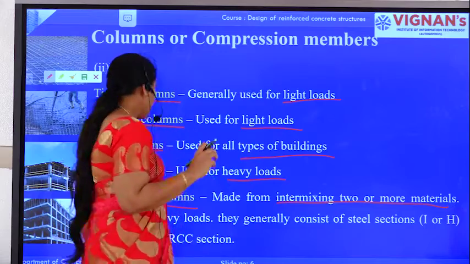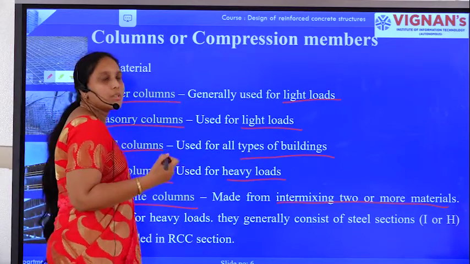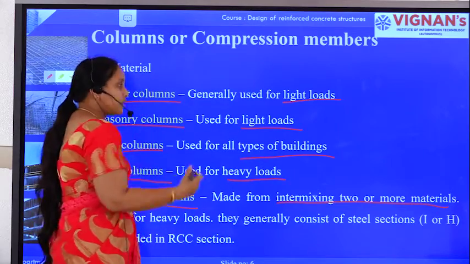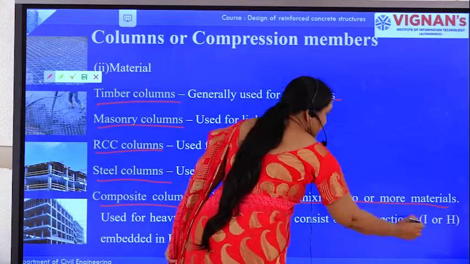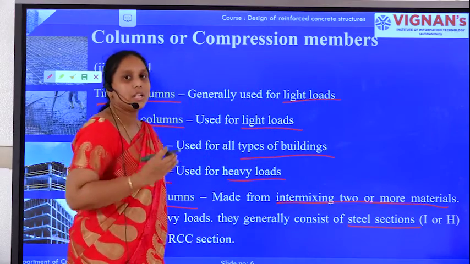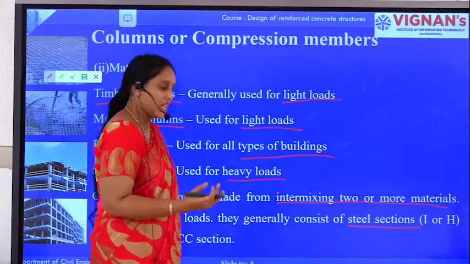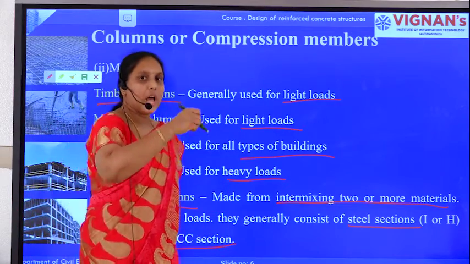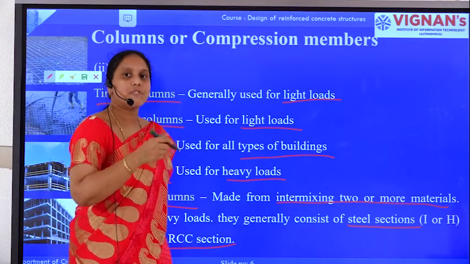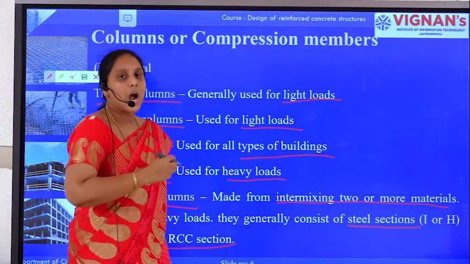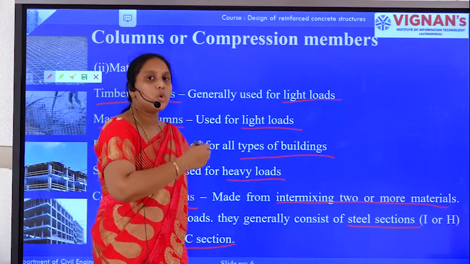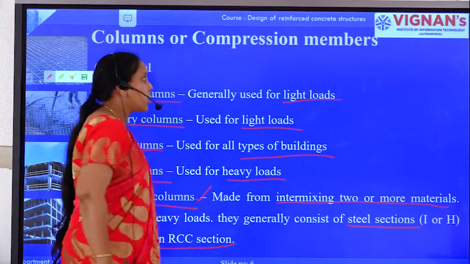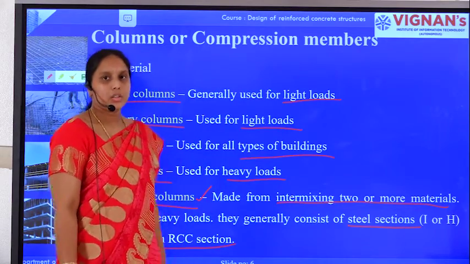These composite columns are used for bearing heavy loads, and generally consist of steel sections, either in the form of I sections or H sections, which are embedded in RCC sections. So you'll have an RCC section, and the steel section will be embedded inside it. Here we have two materials, so such kind of columns are called composite columns based on the material used.